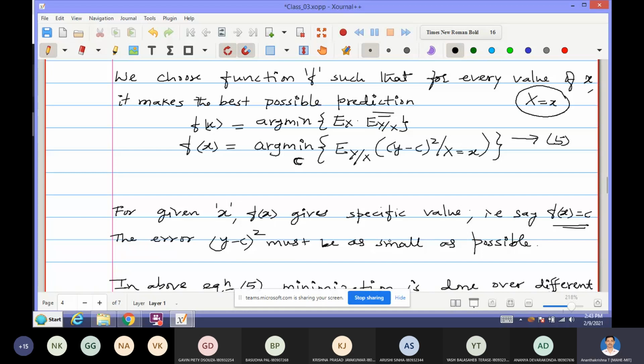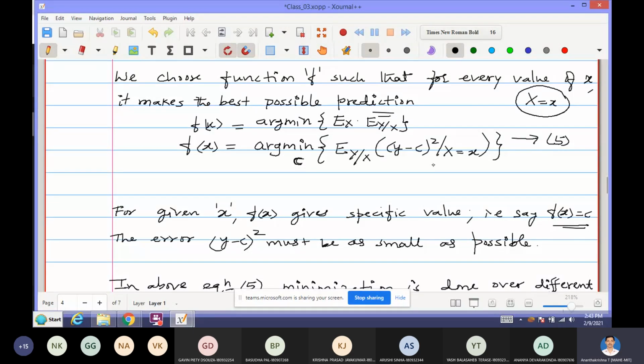So in equation 5, the minimizing is done over the different possible values of c. Please observe that it is not for a single value of c; it is done over all the different possible values of c that can be assigned to f of x.